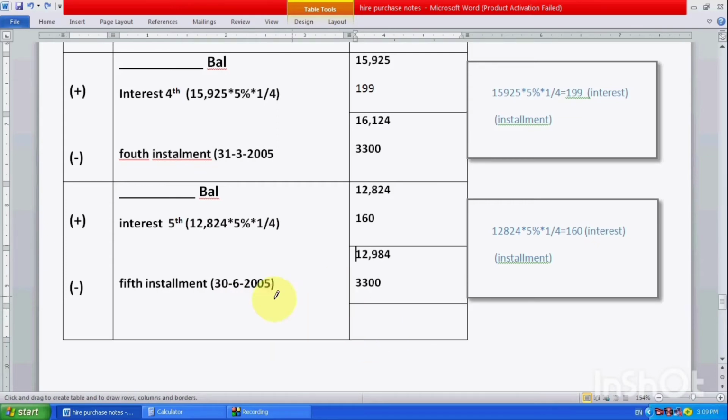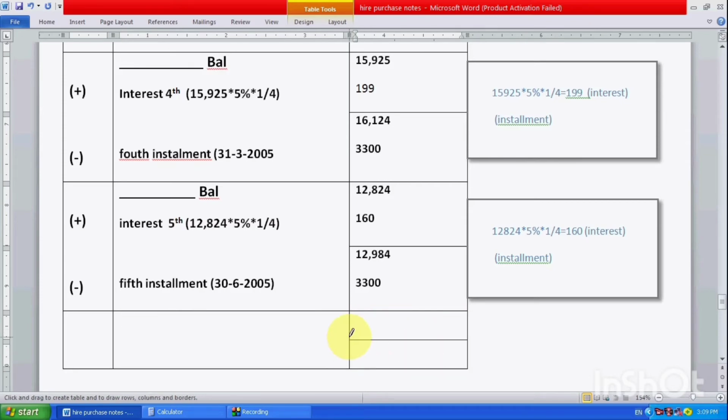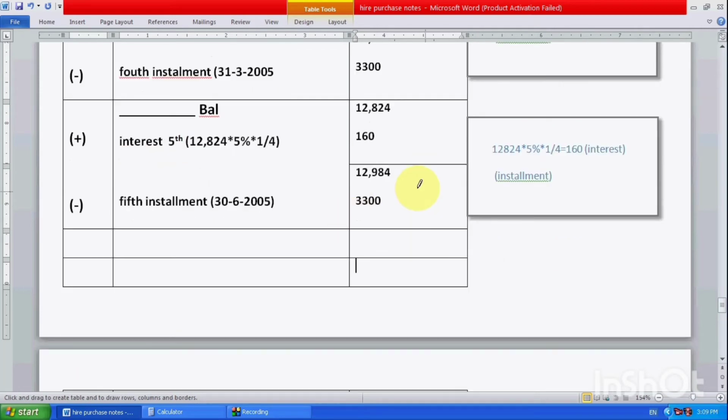Deduct 3,300 from 12,984. Okay, it's not coming.